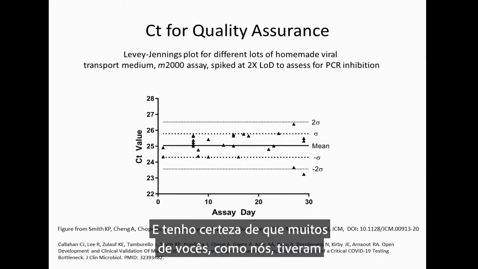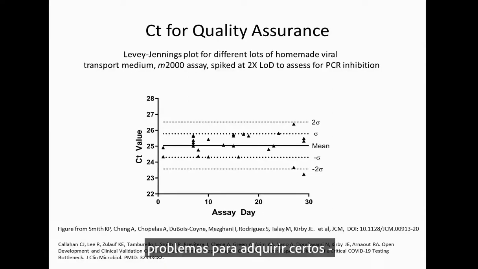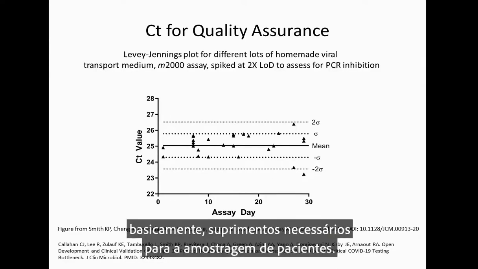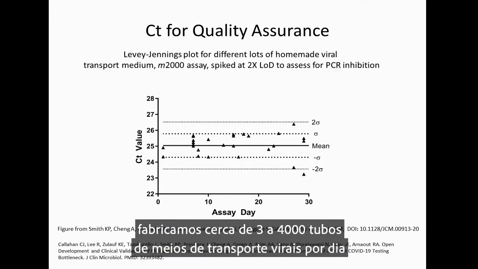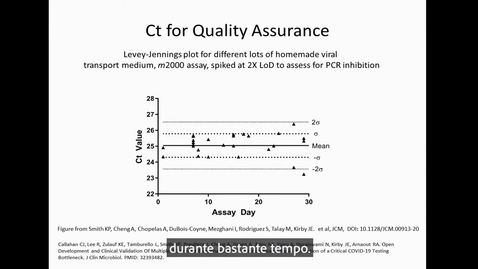I'm sure that many of you, like us, had issues acquiring certain supplies needed for sampling patients. So we went into high production to make viral transport media. We made about 3,000 to 4,000 viral transport media tubes a day for quite a long period.